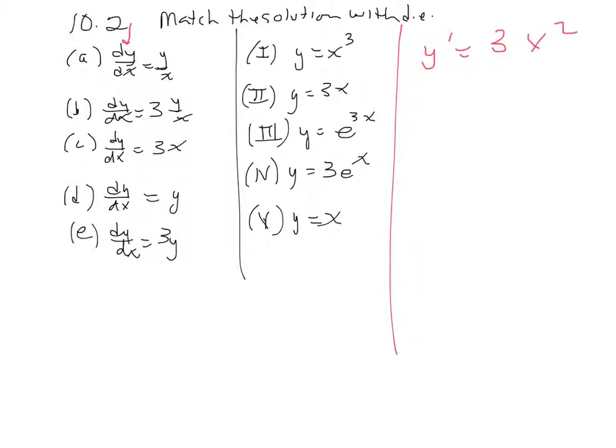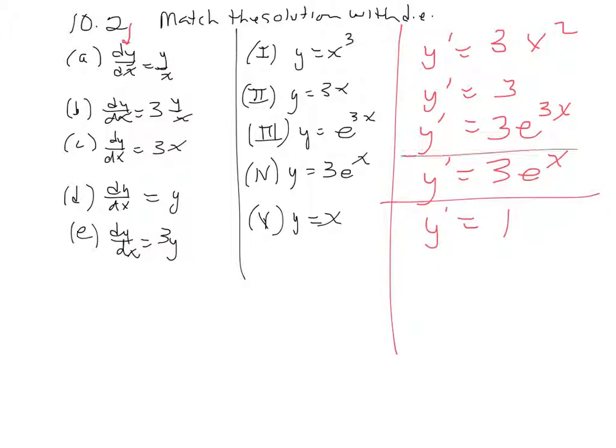I don't know why I did. And what's the next one? 3. What's the next one? e to the 3x over 3. No, 3. Oh yeah. What's the next one? 3. What's the last one? 1.